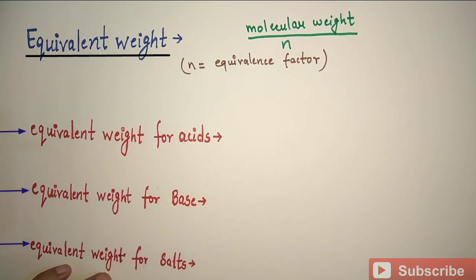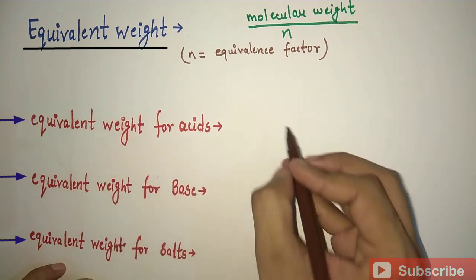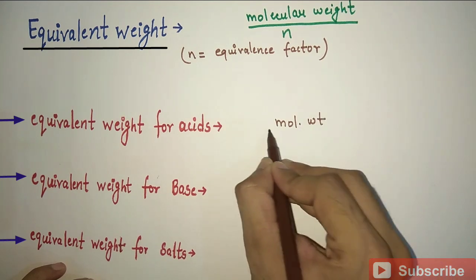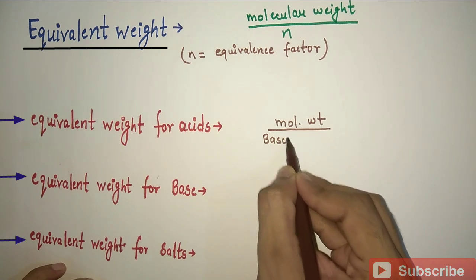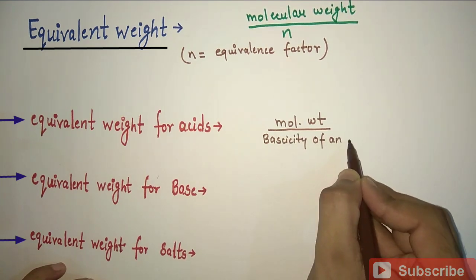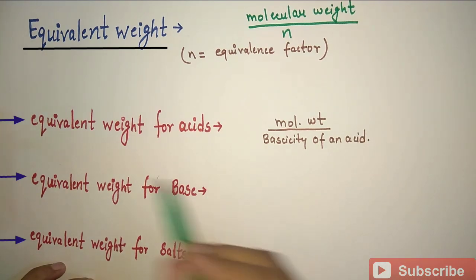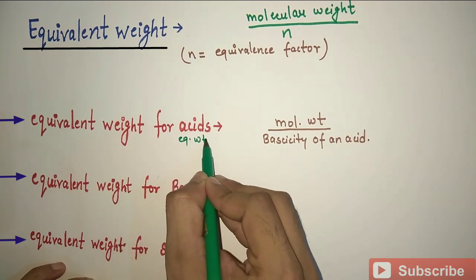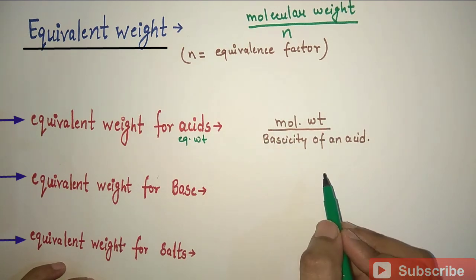Let's see the equivalent weight for acids. The equivalent weight for acids is calculated using the formula molecular weight divided by the basicity of the acid.